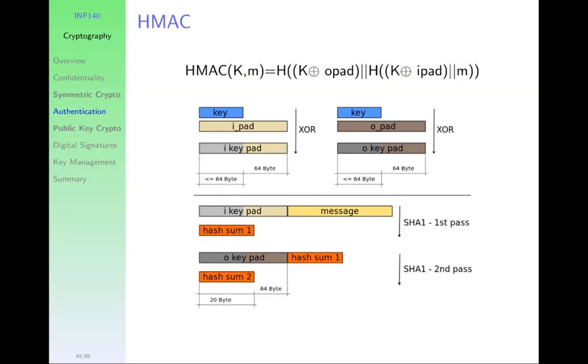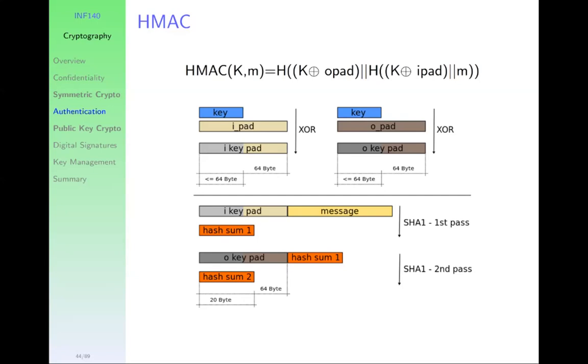It's added in front of the message M here. Then this message is input to a hash function. Here we use SHA-1 in this example. Then it gives a hash sum1.